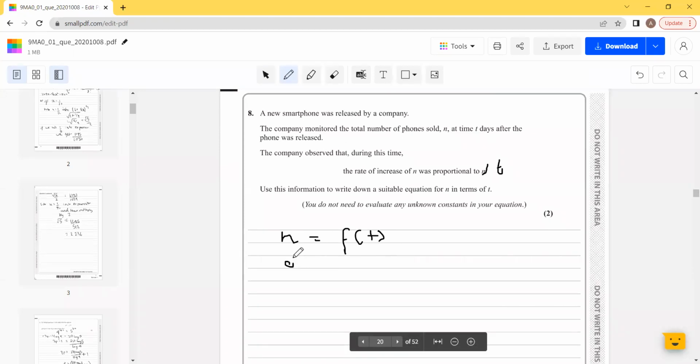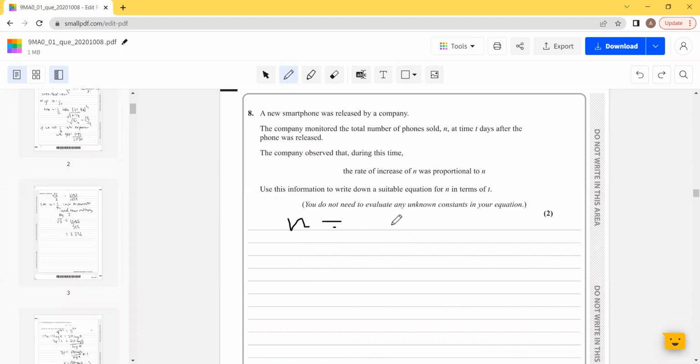And I know that dn by dt, which is the rate of change, is proportional. Oh, wait, no, hold on. Maybe it does mean n. Okay, that does make sense. So n is a function in terms of time, and dn by dt is proportional to n.